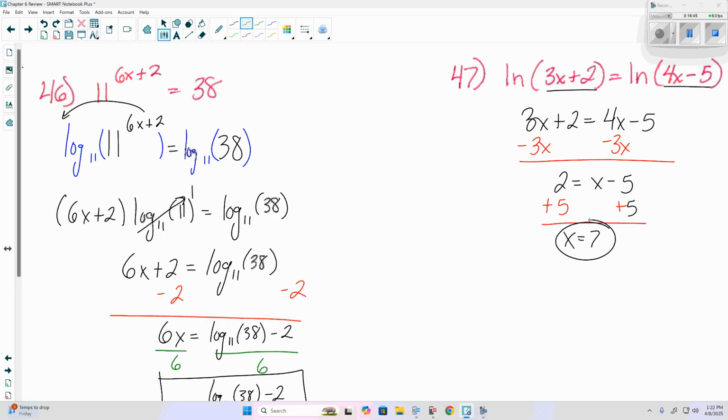Here we don't have to worry about it, but again, the value of what's inside the logarithm, 3x plus 2, 4x minus 5, cannot be 0 or negative. If we have a value of x that makes that 0 or negative, it doesn't work. Questions on this here?